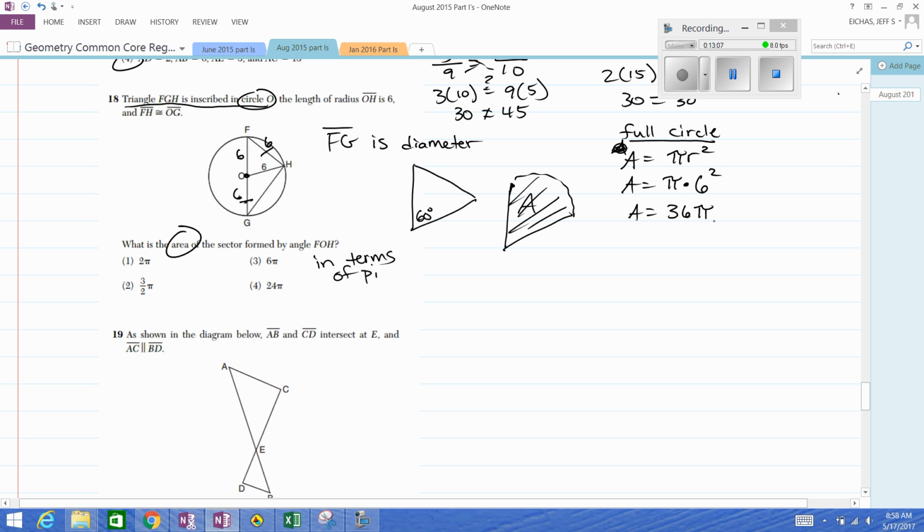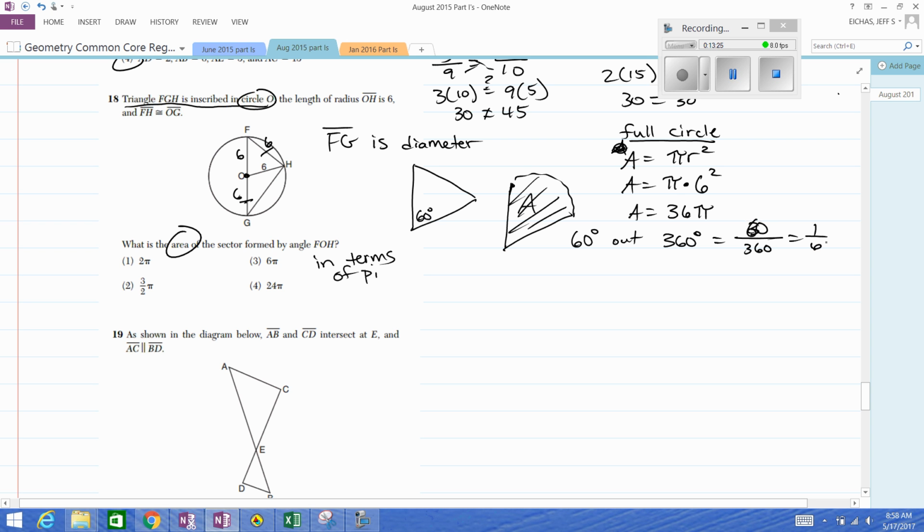What we want to look at is a full circle is 360 degrees. 60 degrees out of 360 degrees is, if you do the math, 1/6.